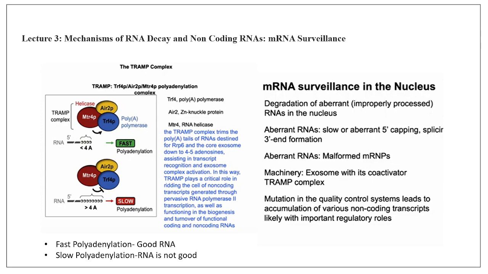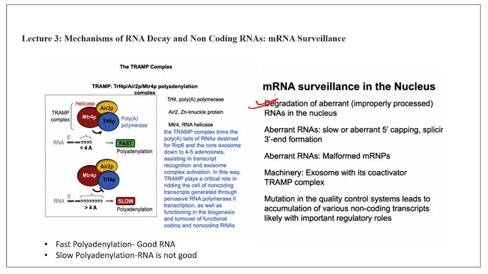So anyways, now we were talking about how exosomes have many different complexes. One such complex is the TRAMP complex, and this TRAMP complex works in the nucleus. Now we will see how it works. Why does the TRAMP complex work? For the degradation of aberrant RNAs in the nucleus.